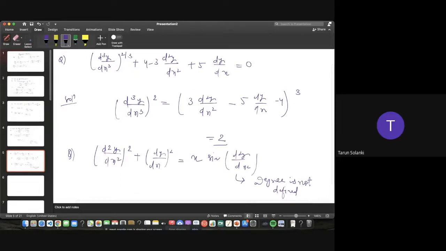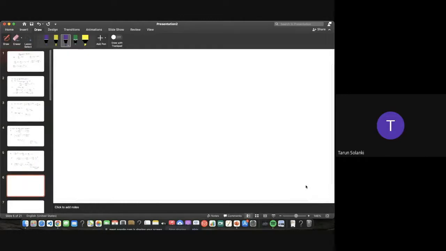So now moving to the next, which is linear and non-linear equations. Okay, so a differential equation in which the dependent variable and its differential coefficient occur only in the first degree and are not multiplied together is called the linear differential equation, right?